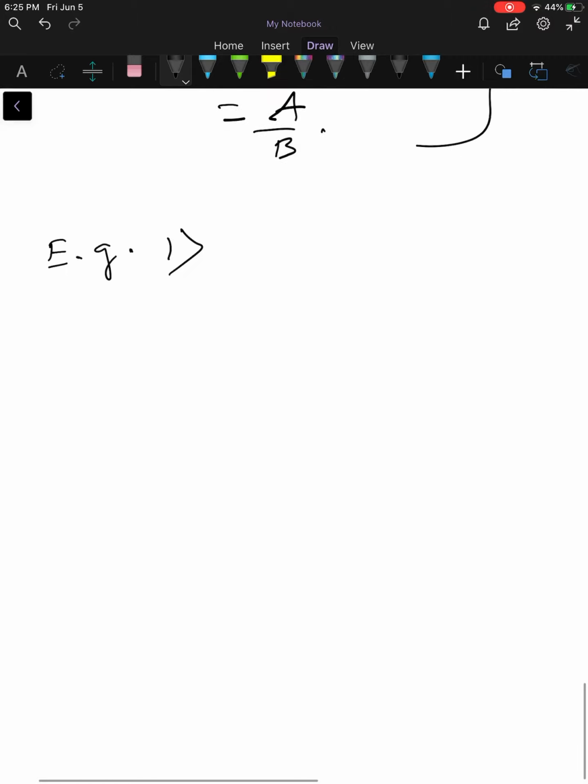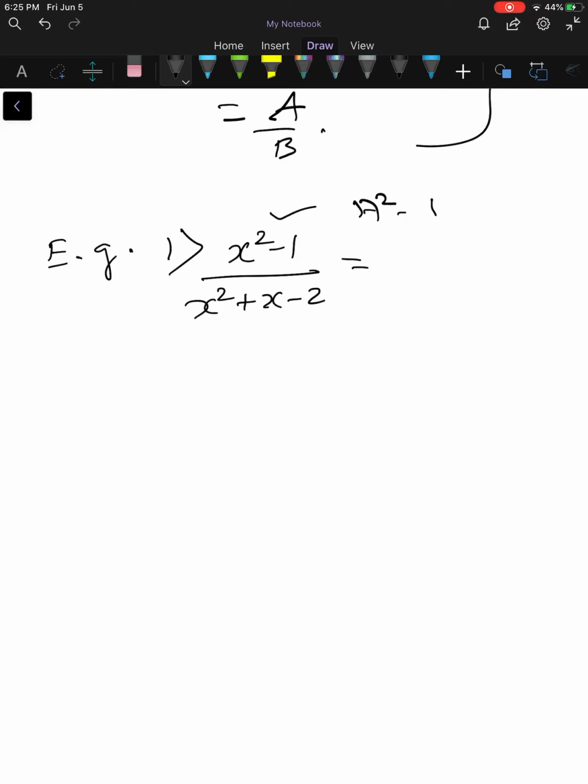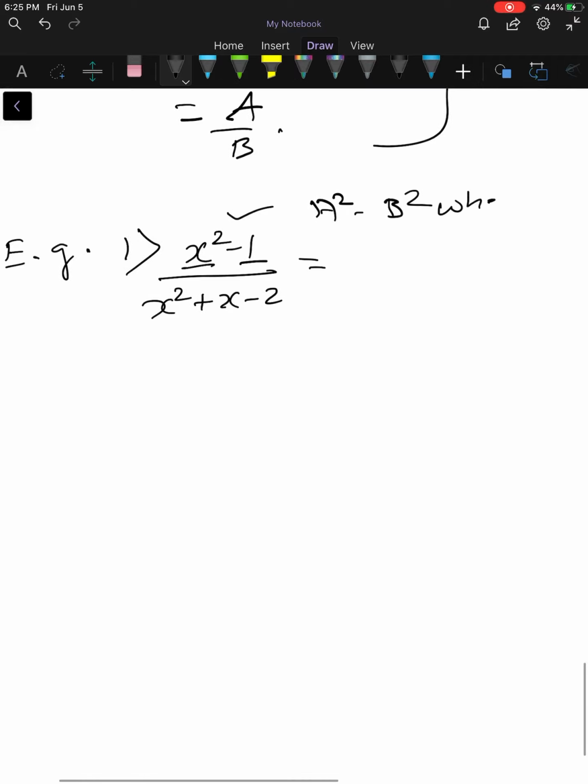First one, x squared minus 1 over x squared plus x minus 2. If I observe the numerator, it is of the form a squared minus b squared, because x squared is a perfect square and 1 squared is a perfect square, where a will be x and b will be 1.